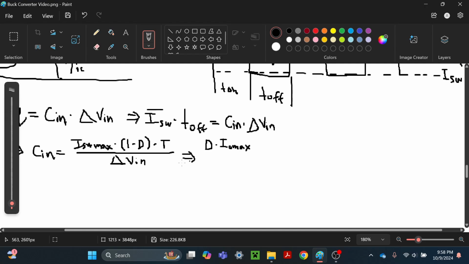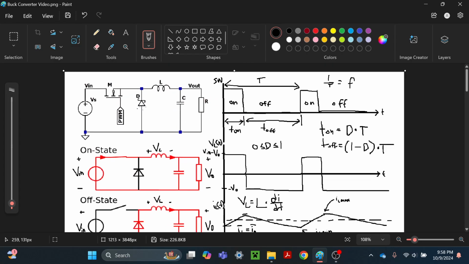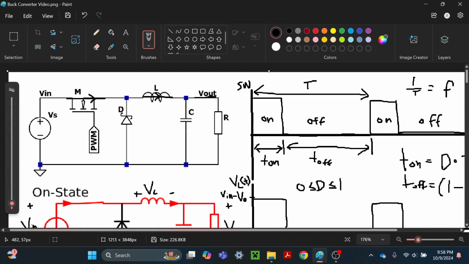Like I was saying before, when this switch is closed, the current through it is going to be the same as the current through this inductor. It's going to be the same as the current through the load.